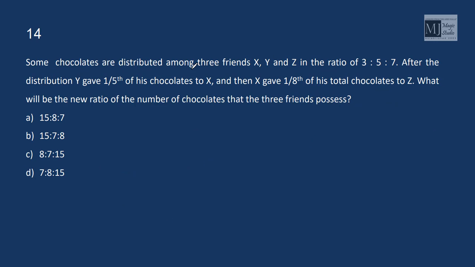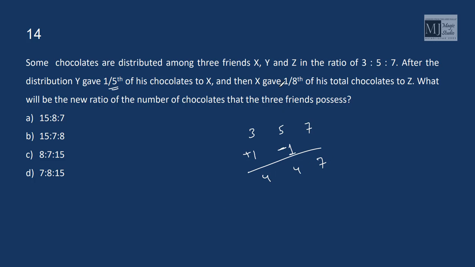Some chocolates are distributed among 3 friends in the ratio of 3:5:7. After the distribution, Y gave 1/5 of his chocolate to X. 5's 1/5 is 1. So now we have 4, 4, 7 chocolates.